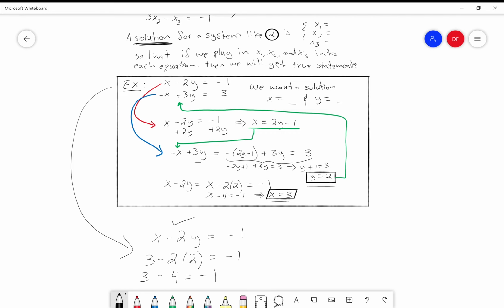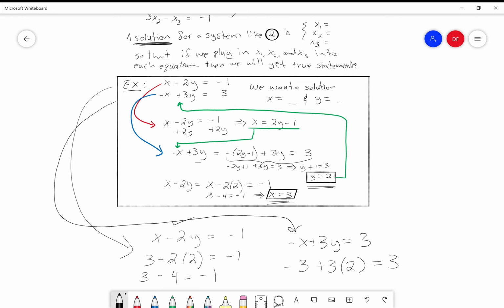And I can take the second equation and say negative x plus 3y equals 3. And then I can take x and y and plug them into this equation. And I will get negative 3 plus 3 times 2 equals 3. Is this true?